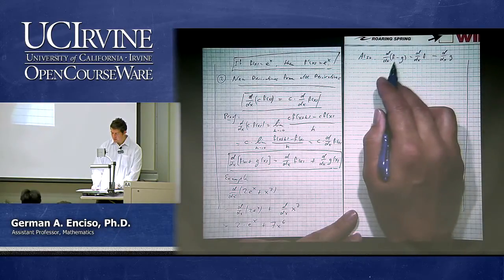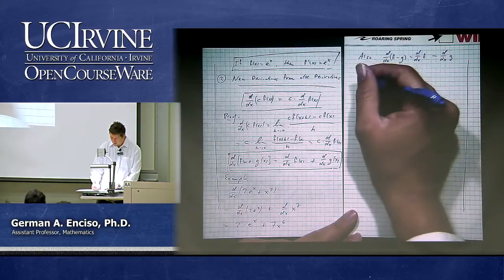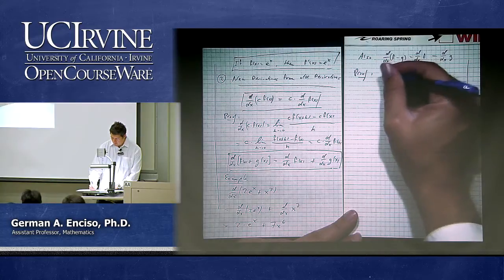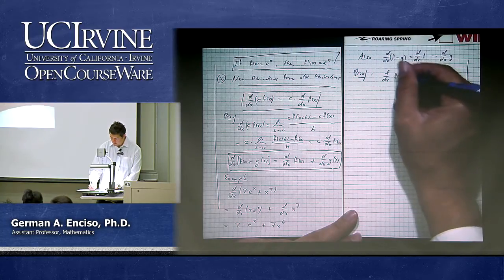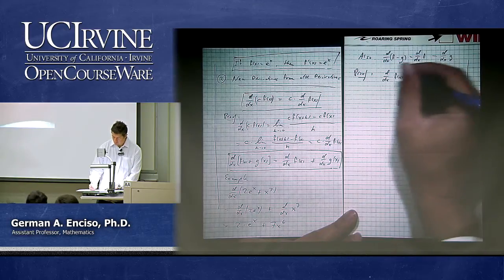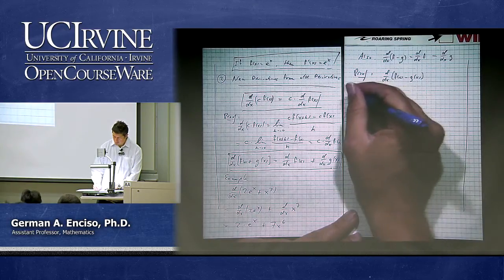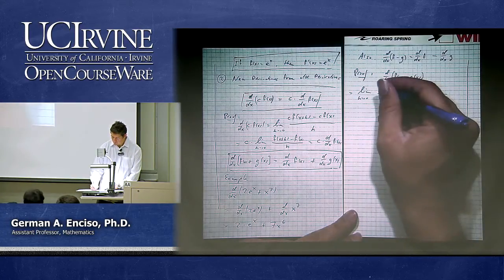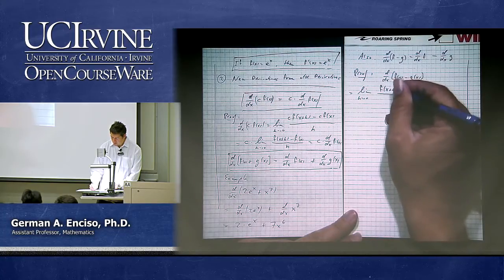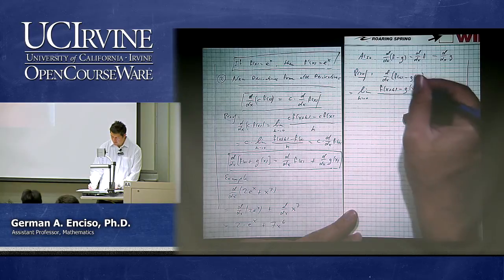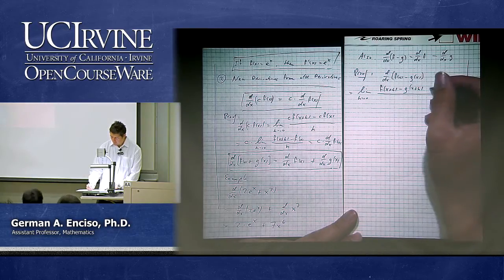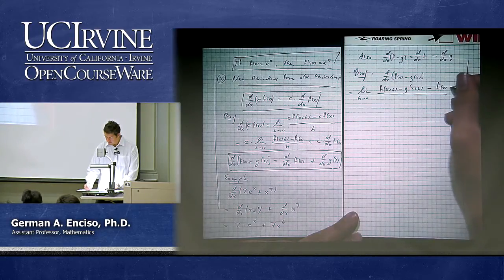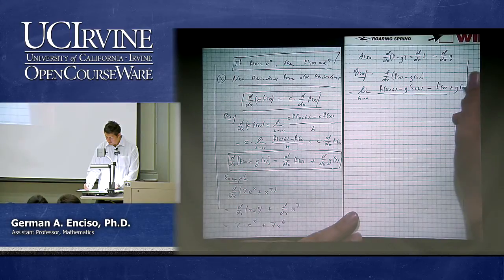How about this? Let's do the proof of the minus one. So proof: the derivative of f of x minus g of x is equal to the limit when h tends to 0 of f of x plus h minus g of x plus h, and the whole thing minus this function evaluated at x, f of x plus g of x.